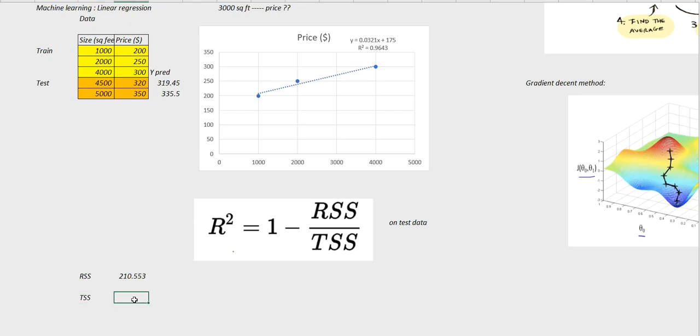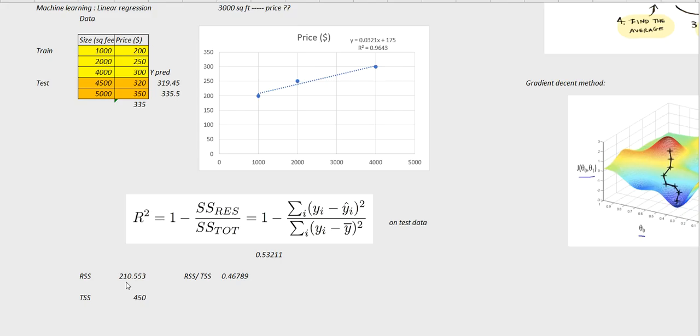What is the total sum square? How to calculate? I calculated the residual sum square. How to calculate the residual sum square? In short, on the test data we will identify the prediction.